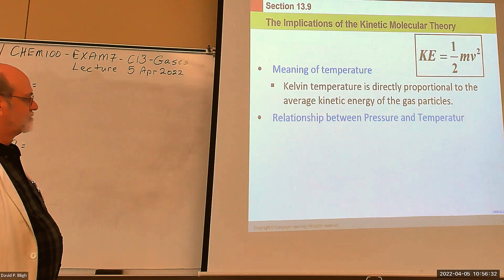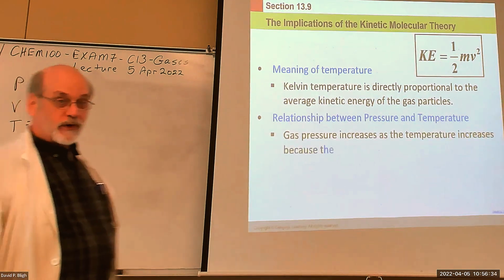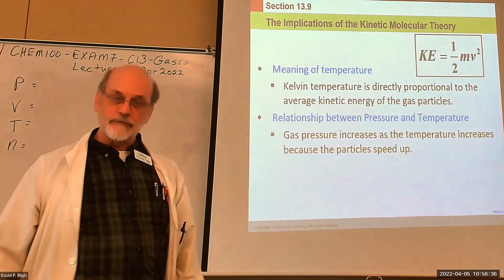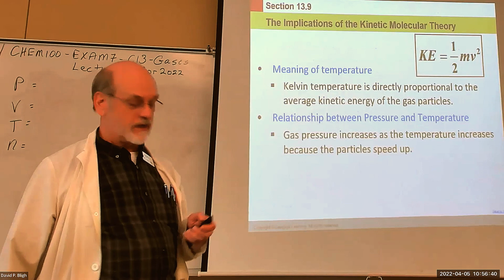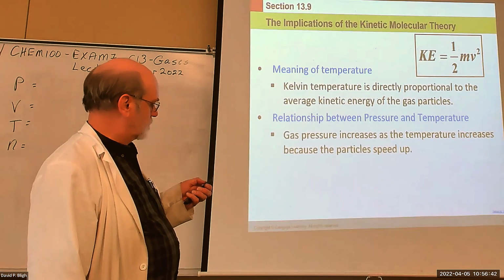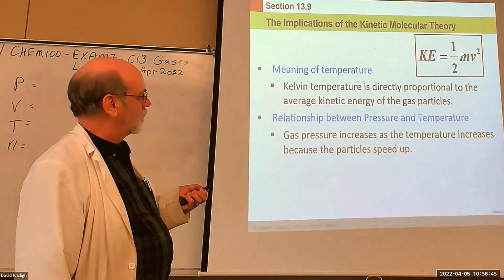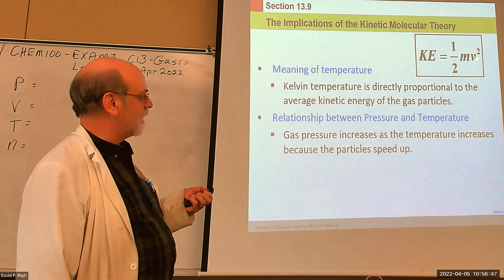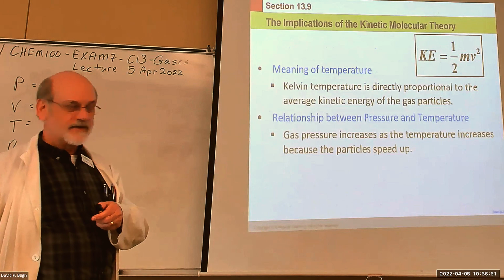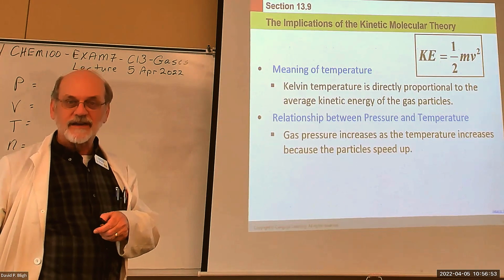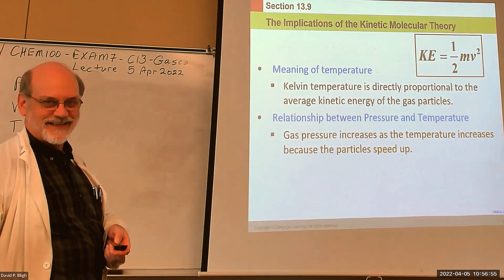Now, we can calculate the kinetic energy for individual atoms and molecules. All we need to know is what's the mass and how fast are they moving. It's an easy equation to solve if you can get the information. That's the difficult part.